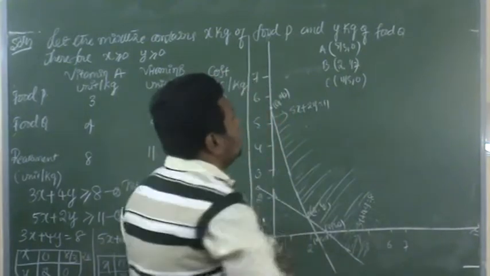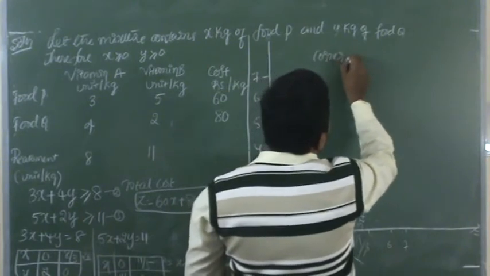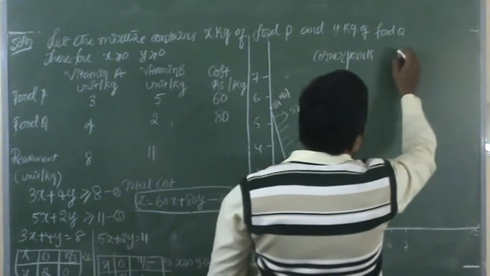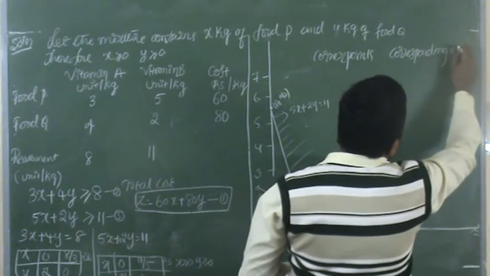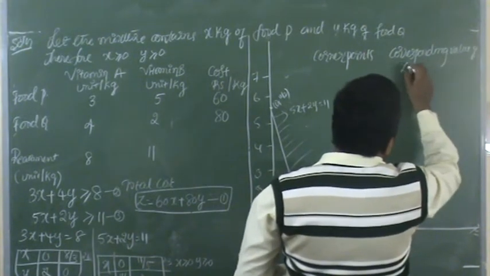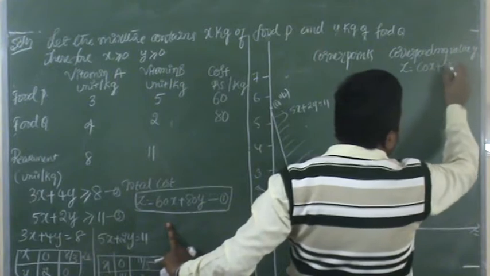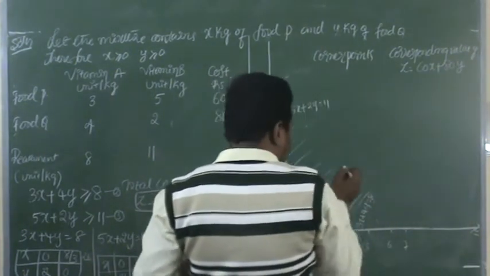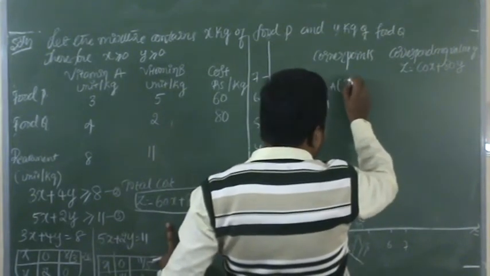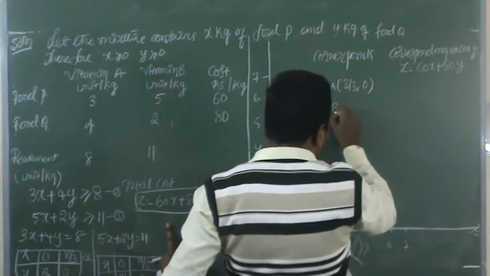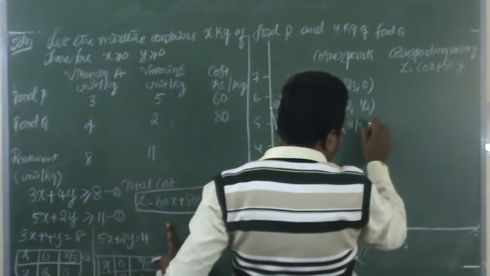Here are the corner points and the corresponding values of z equals 60x plus 80y.